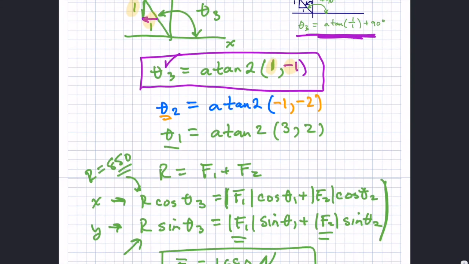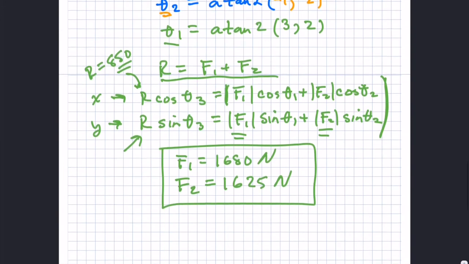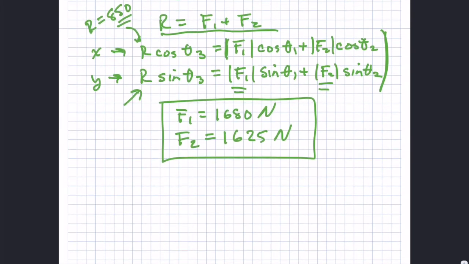It's just R is equal to F1 plus F2, and then you look at the x component, which usually means a projection with cosine, depending on how you define the angles, of course. And then the y component is a projection with sine. So it's tedious, but it's not conceptually hard. Hopefully that helps.